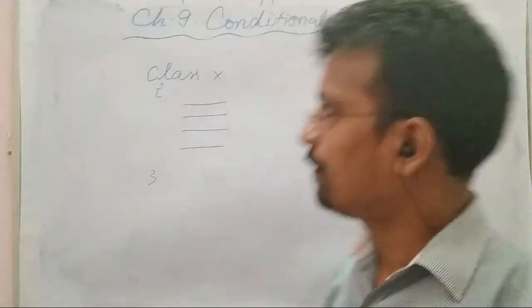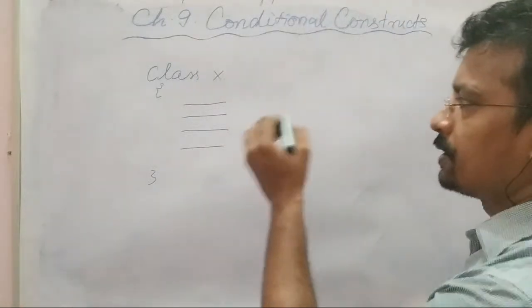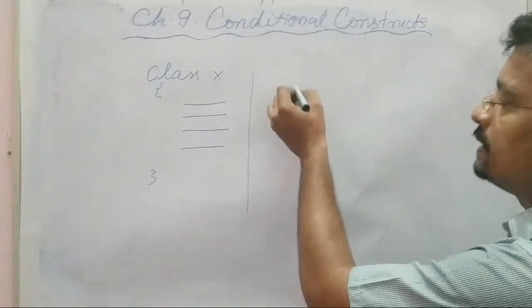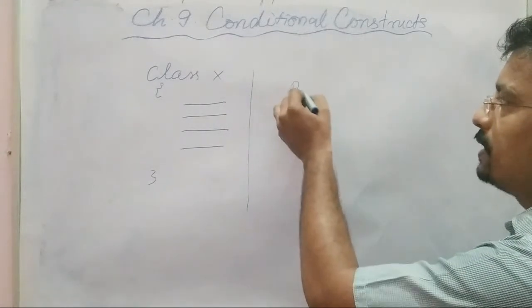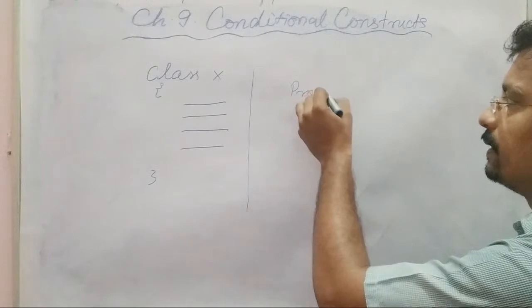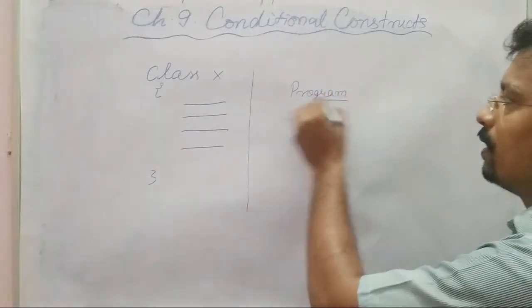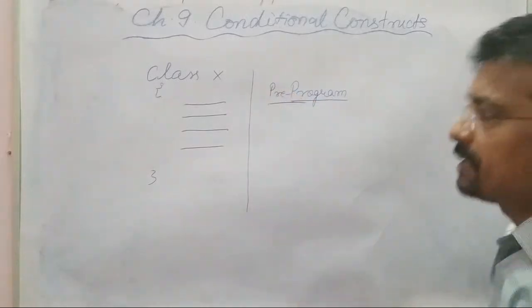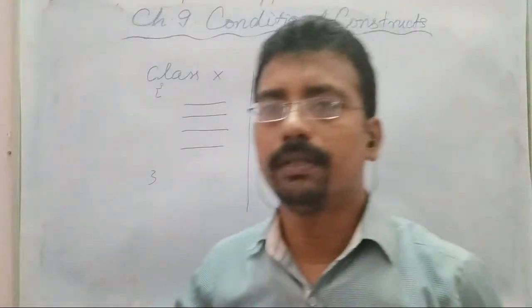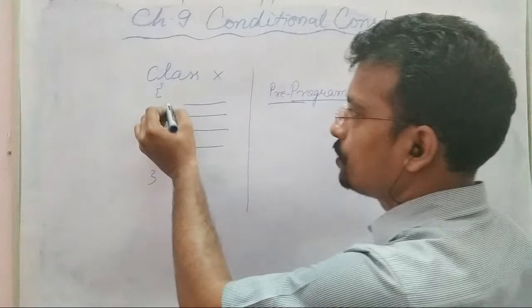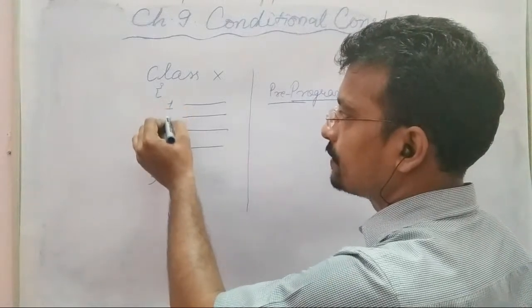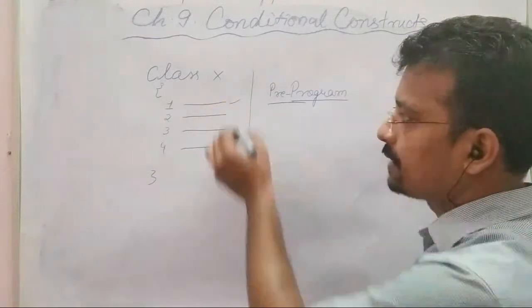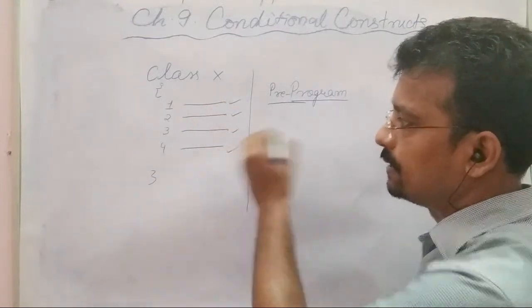Means Java has to follow a certain procedure, means there is a predefined programming that instructs the Java system that you have to go statement-wise: 1, 2, 3, 4. First this statement will execute, then this, then this, then this.